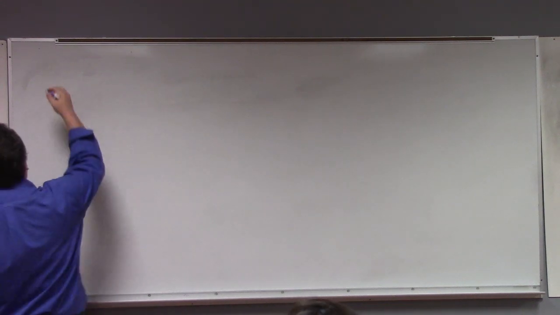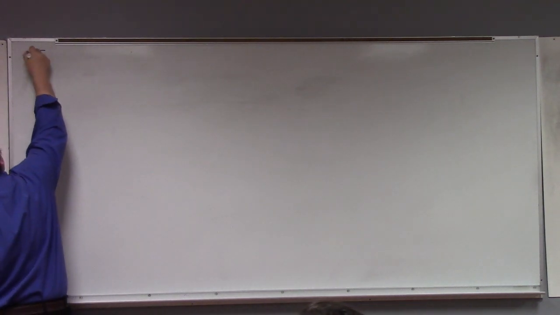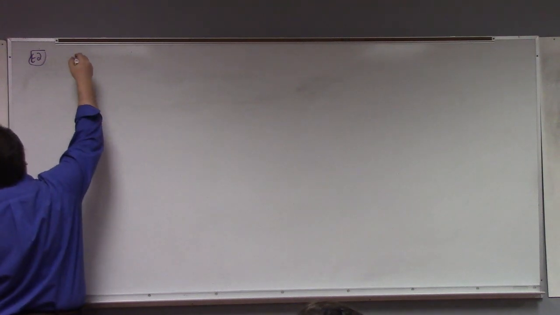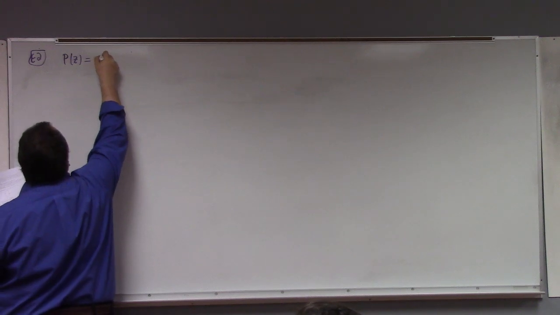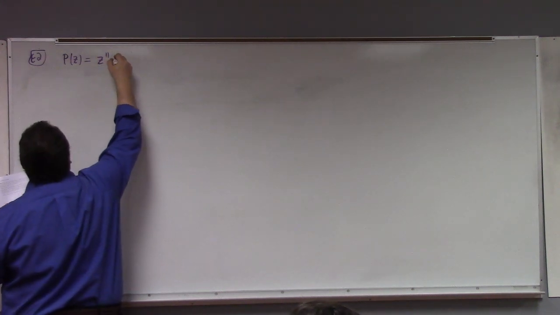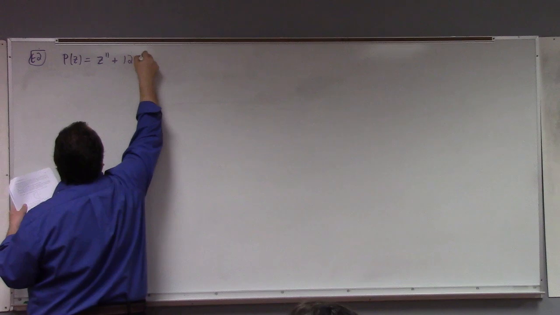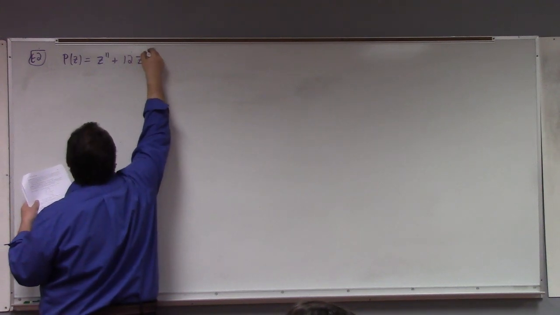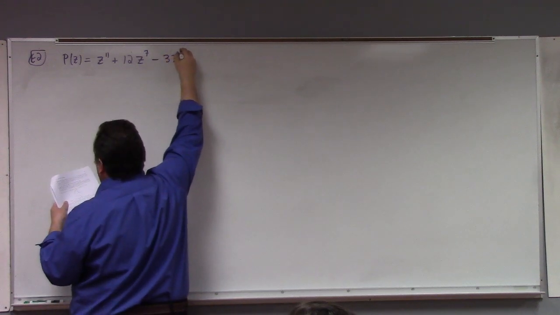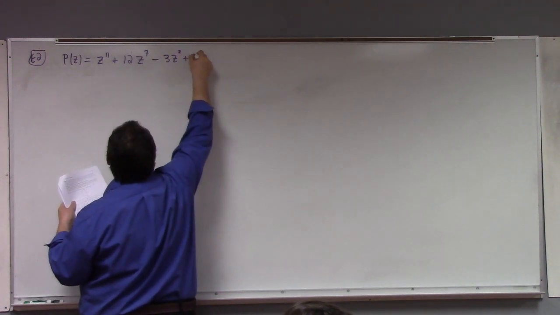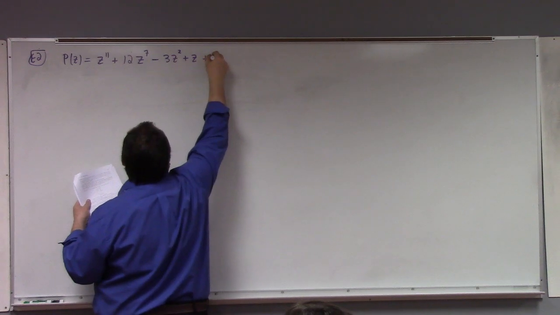So here we go. Example. Is this example 2? All right. So here I have p of z equal to z to the 11th plus 12 z to the 7th minus 3 z squared plus z plus 2.